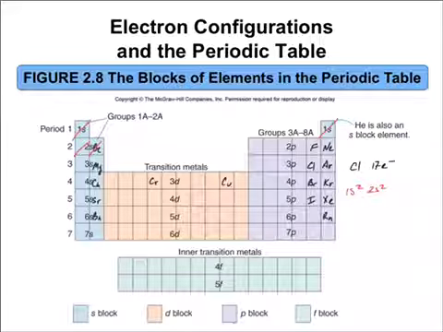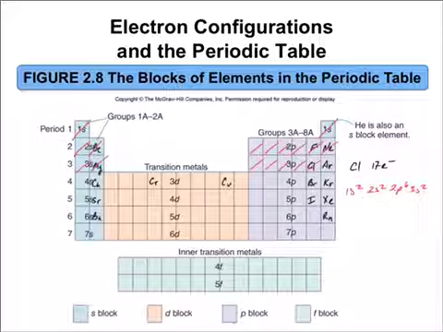After that, I go to 2p1, 2p2, 2p3, 2p4, 2p5, 2p6. Then I go to the 3s1, 3s2. Then 3p1, 3p2, 3p3, 3p4, 3p5. And there I am at chlorine. That should be 2, 4, 10, 12, 17 electrons. Look at that. Pretty easy to remember.